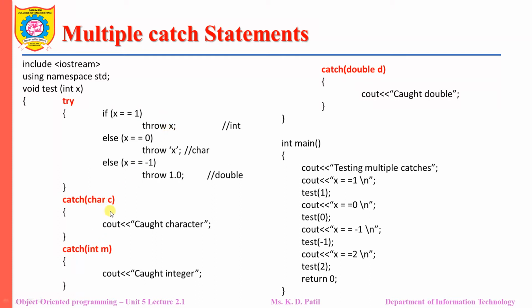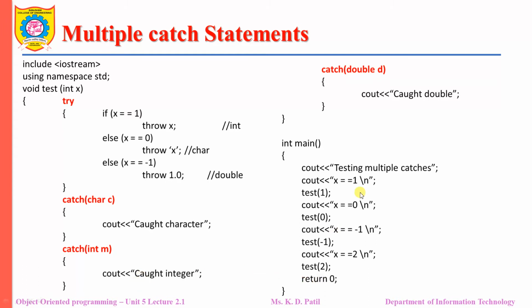If you observe here, it is a type character, so this block will not be executed. But if you go here, the type of argument is integer. Then when this exception is thrown, this catch integer block will be executed, and the caught integer statement will be printed on the screen.